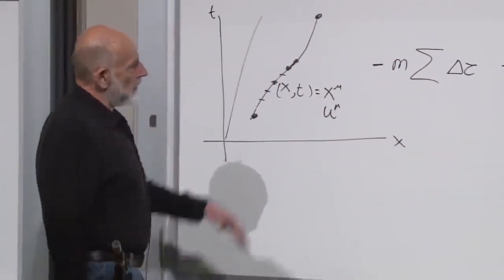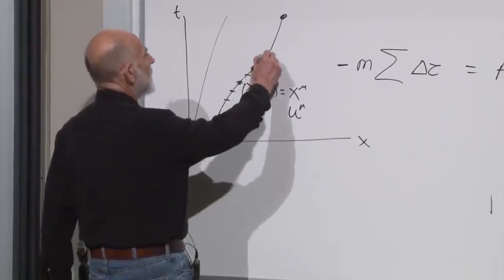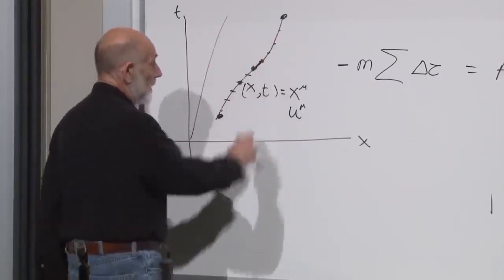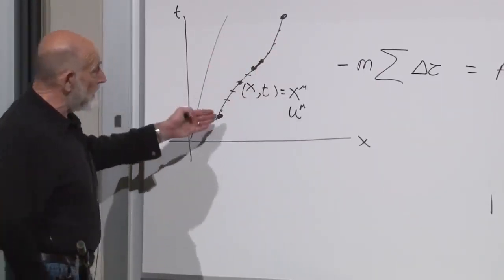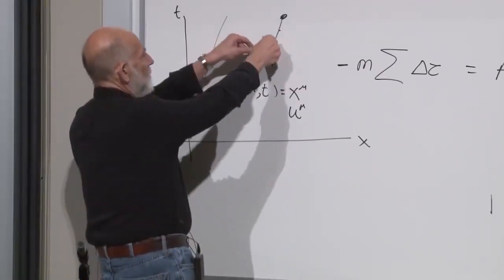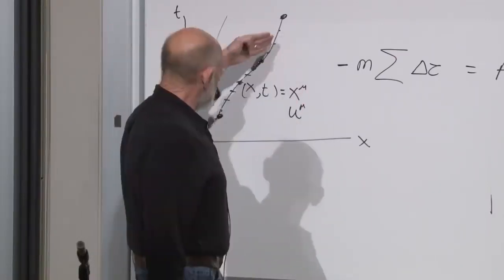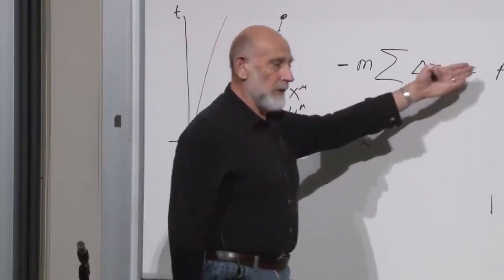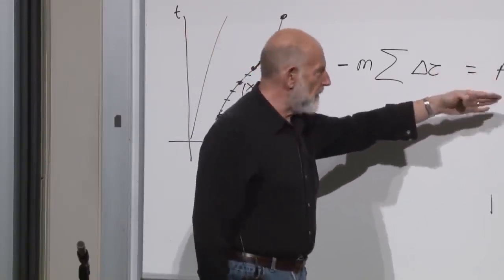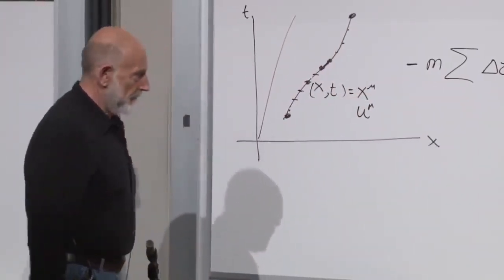Okay, so let's take that to be the action. And now what we do is, the trajectory has already been imagined to be broken up into intervals. And now we move the points around in space and time and look for the trajectory which minimizes the action, and that will be the true trajectory.